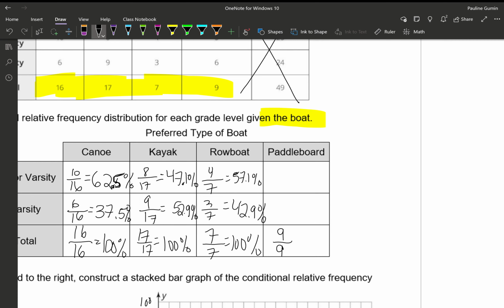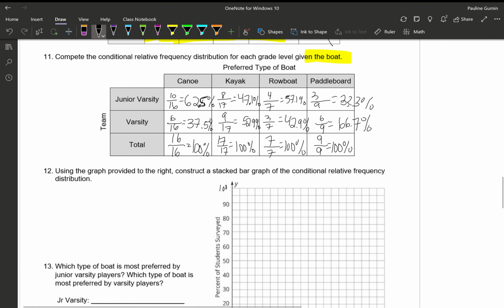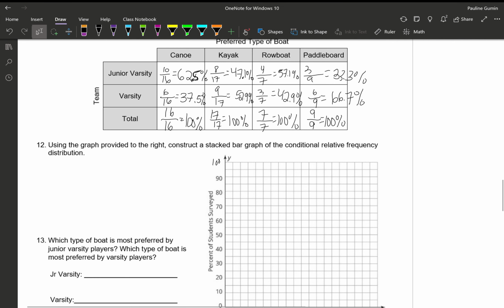It had 9 out of 9 in the bottom here, so that's 100%. 3 out of 9 for junior varsity, that's 33.3%. And 6 out of 9 for regular varsity, that's 66.7%. Okay, beautiful.